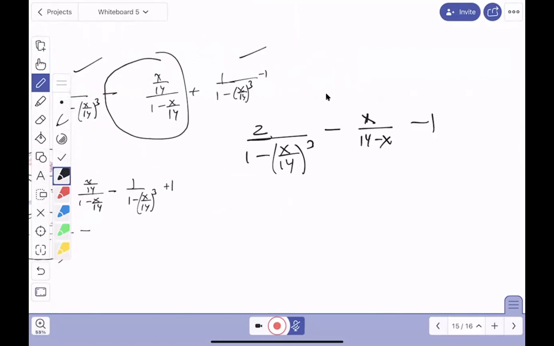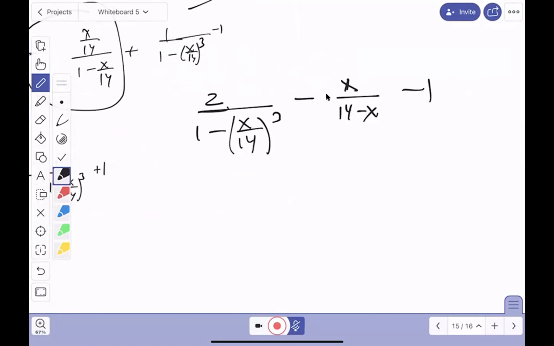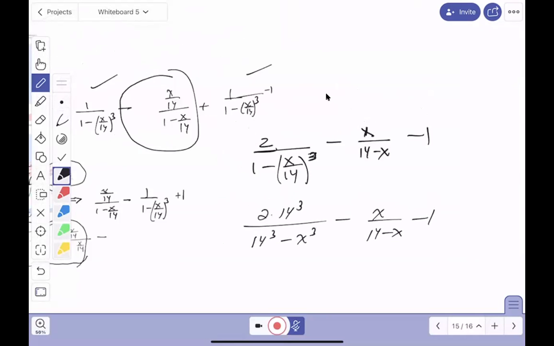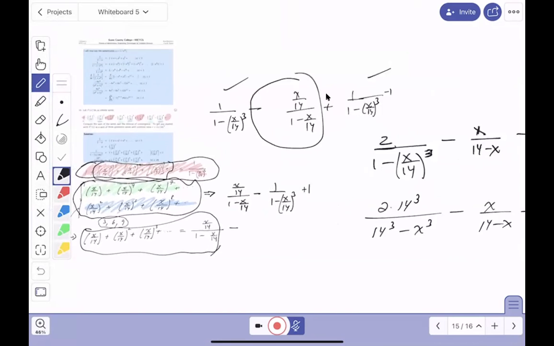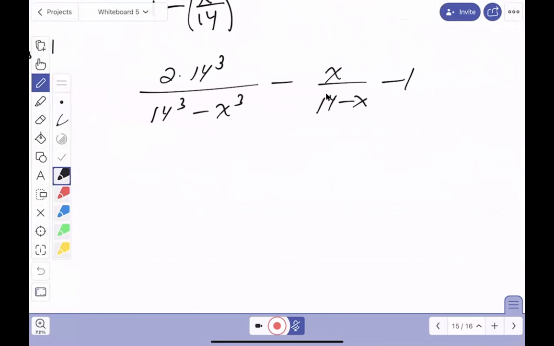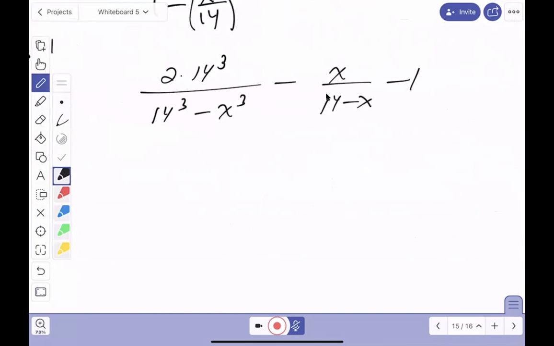Boy, I've got to do more work. I'm not saying I'm there yet. This is cubed, right? Make sure I'm saying that right. Yeah. So it's going to be 2 times 14 cubed, 14 cubed minus x cubed, minus x, 14 minus x, minus 1. Let me see if I've done that. And I think I have. And I'm going to call it quits on that one.